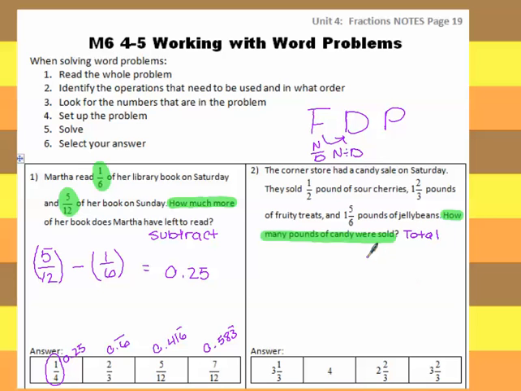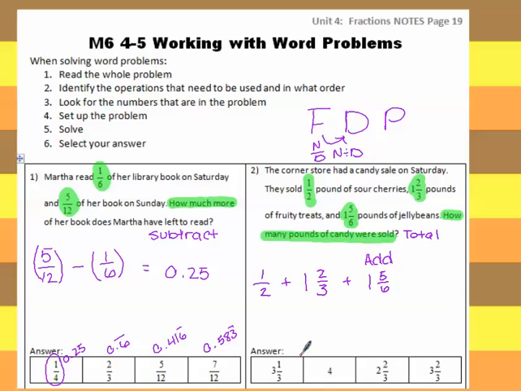And anytime we're finding total, we are going to add. But in this case, we have 1/2, we have 1 2/3, and we have 1 5/6. So I have 3 numbers. So I'm going to add carefully those 3 numbers. So I have 1/2 plus 1 2/3 plus 1 5/6.